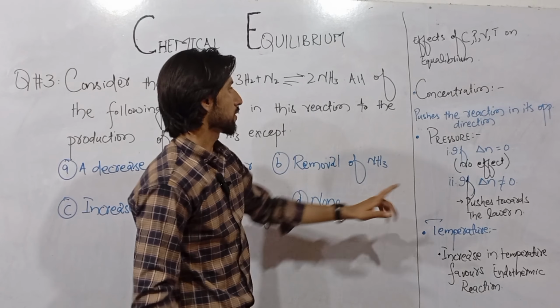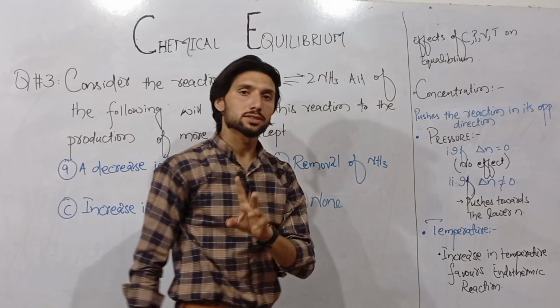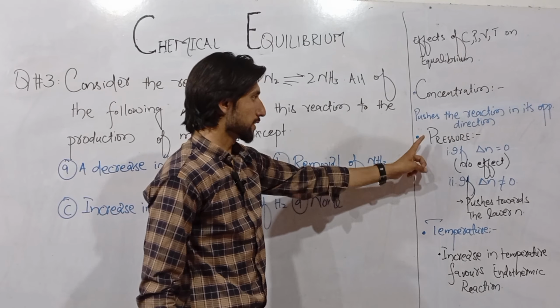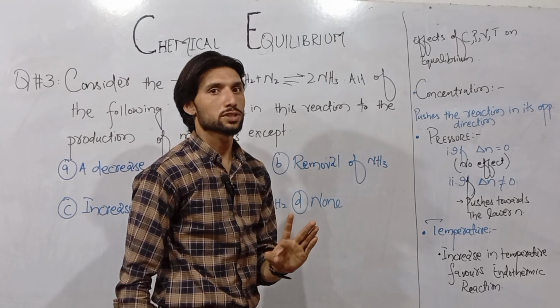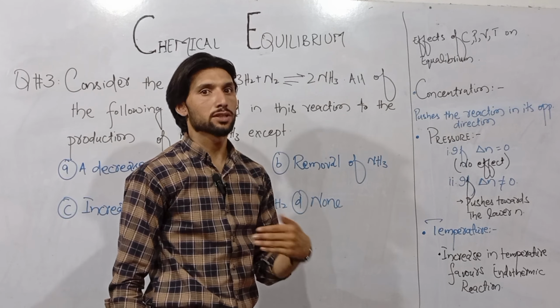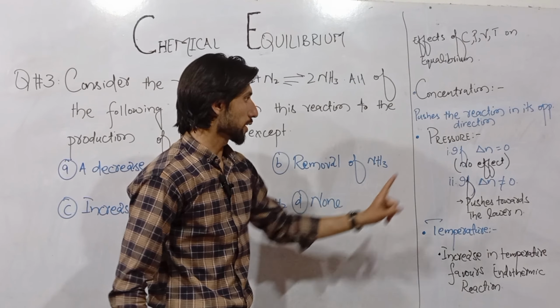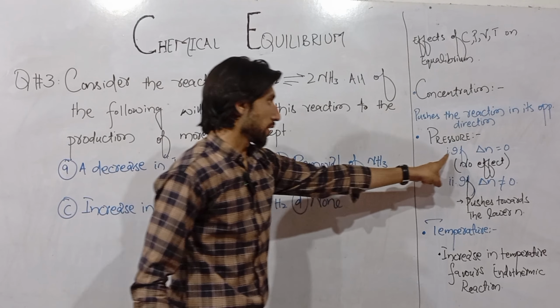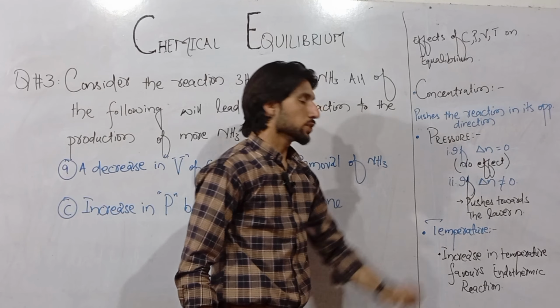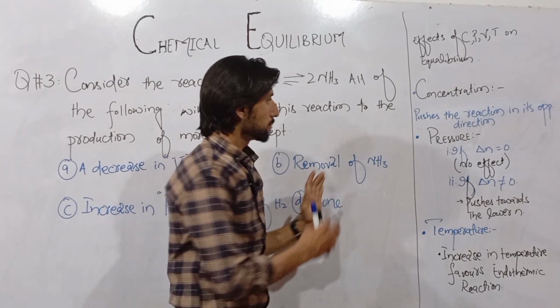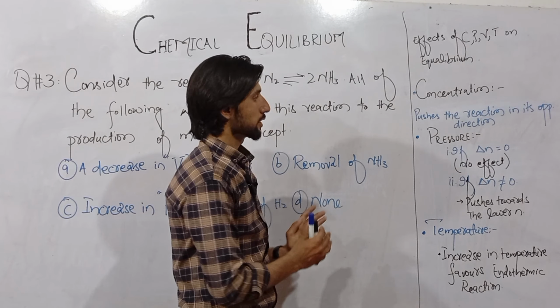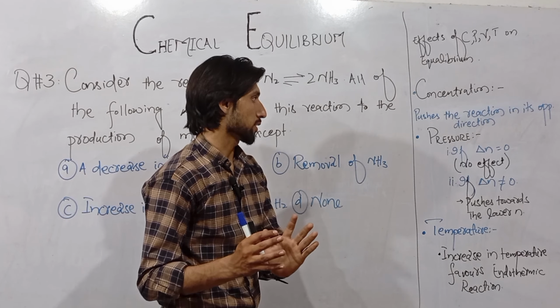Pressure effects happen mostly in the gaseous state. We'll discuss it also in equilibrium between solid and liquid, but here in the gaseous state. Case 1: if delta N is equal to 0, what does this mean? The number of moles on the reactant side is equal to the number of moles on the product side.